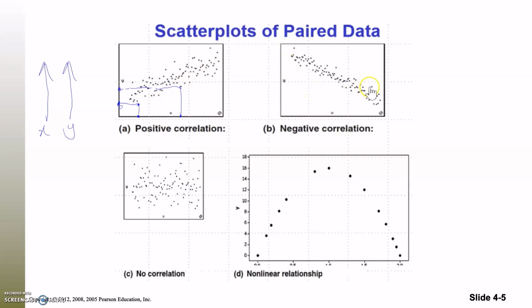Look at this one. There is a straight line pattern. Look at that. So this is a linear correlation. And look at this data point. This is the x value, and this is the y value.